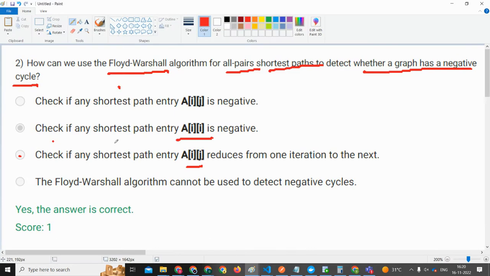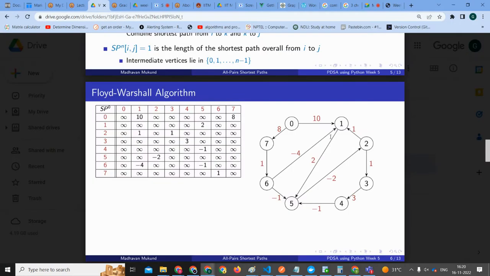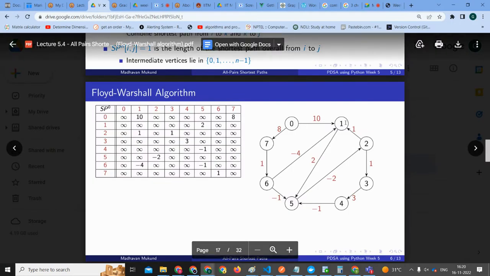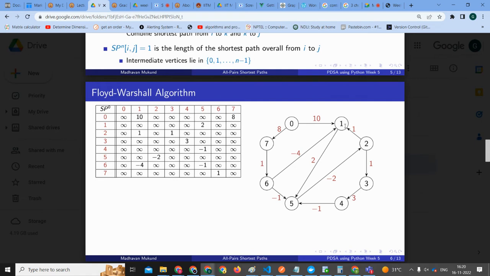Okay, so what is this saying? Check if any shortest path entry A of i to j reduces from one iteration to the next. During the first iteration, what is the shortest path to reach 1 from 0?